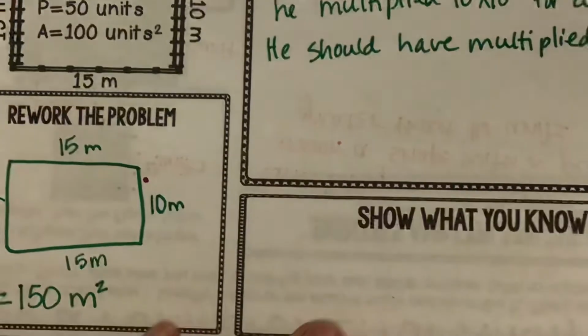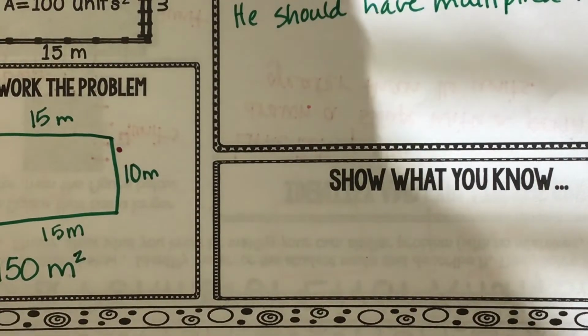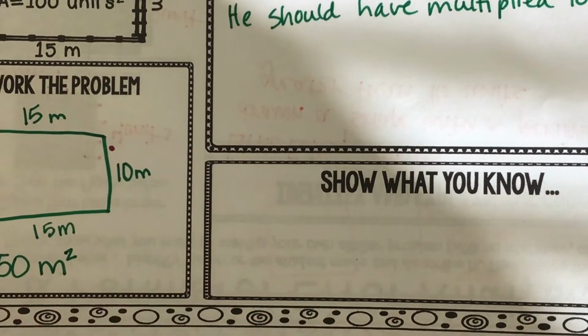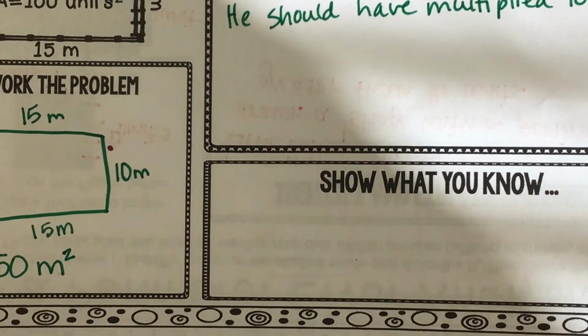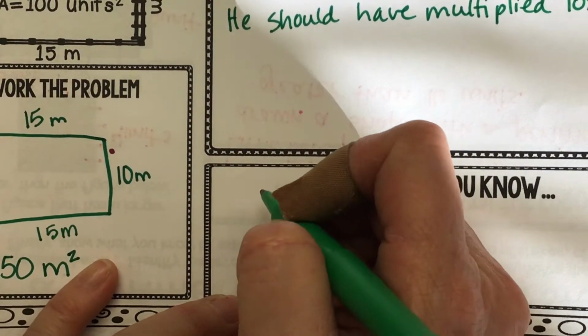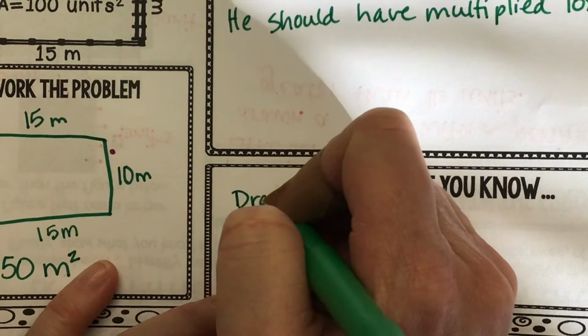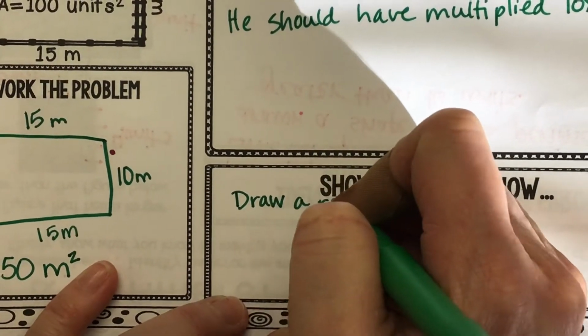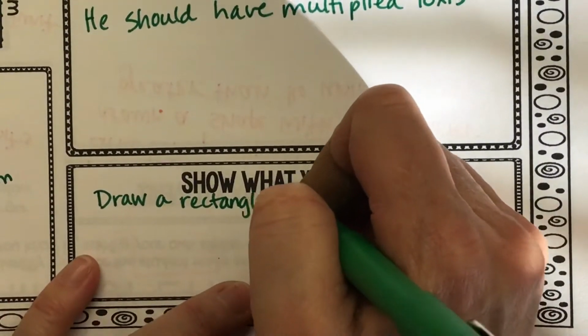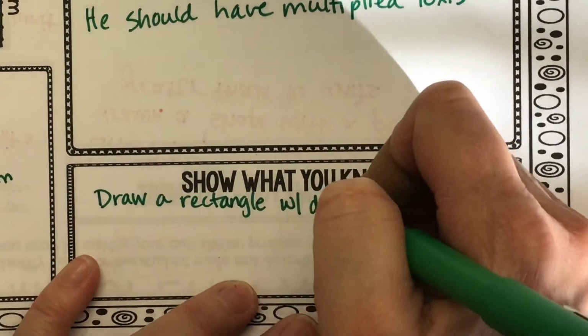Okay, so how would we write our own problem? Did anyone get that far? Did anyone write their own problem? Caden, what'd you say? I draw a rectangle. I put 9 centimeters for the length and 8 centimeters for the width. 9 by 8.